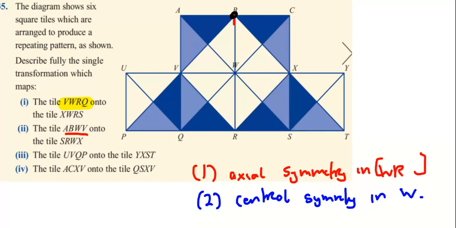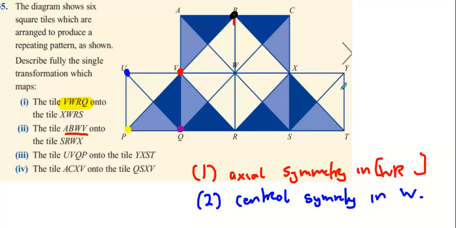Okay. Next one, the tile UVQP. Where is UVQP? There's U, V, Q, and P. We'll do P in yellow. And it moves onto YXTS.